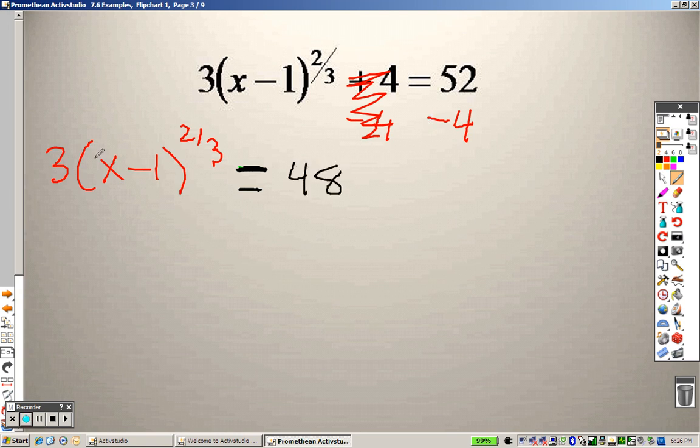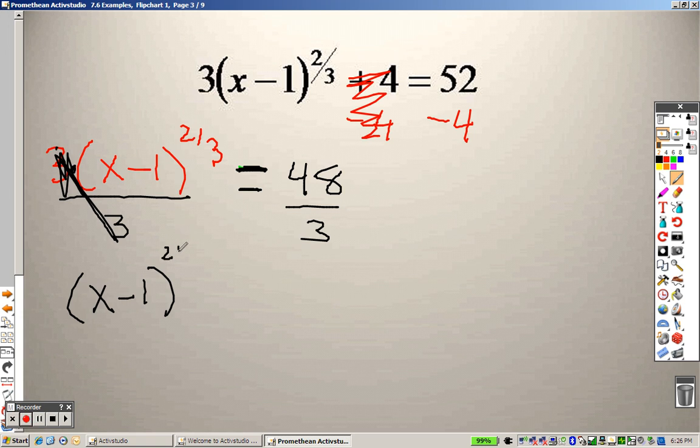This is 3 times all of that, so if I divide both sides by 3, it is now gone. I have (x minus 1) to the 2/3 left over, and 48 divided by 3 is 16.